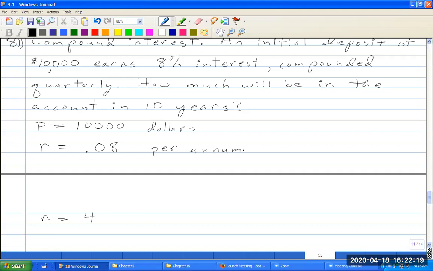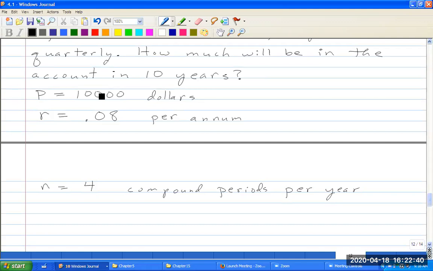And this is 4 compound periods per year, since it says that it's compounded quarterly. How much will be in the account in 10 years?